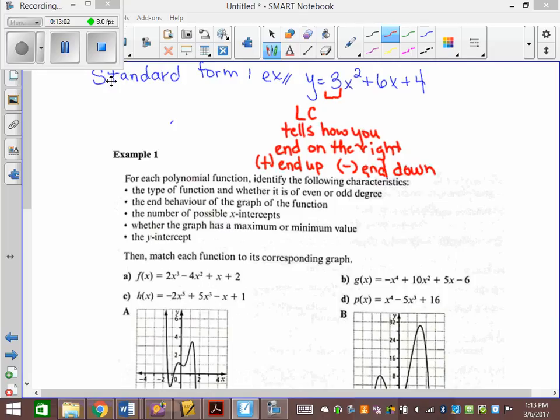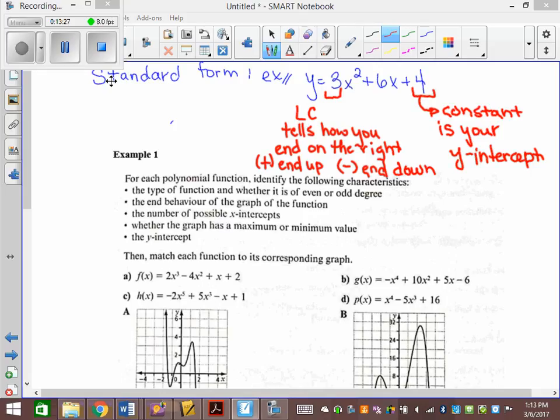The other great thing about it, if it's in standard form, is this back number here, the constant, is always your y-intercept. And the only reason why it's your y-intercept is because when you find a y-intercept, you fill 0 in for x, right?